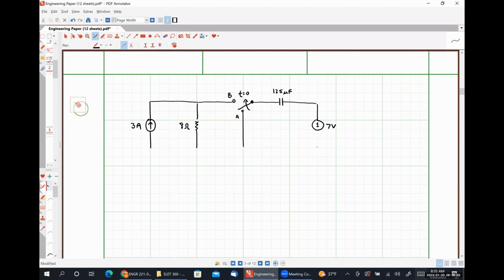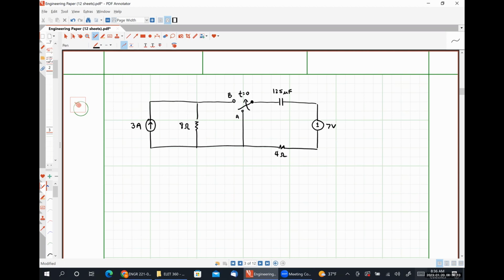Here we'll have a 7-volt source. Oh, and let me put a resistor down here. Here we have a 4 ohm resistor.